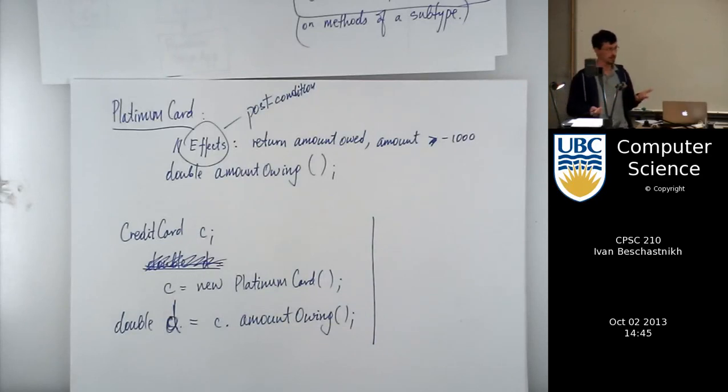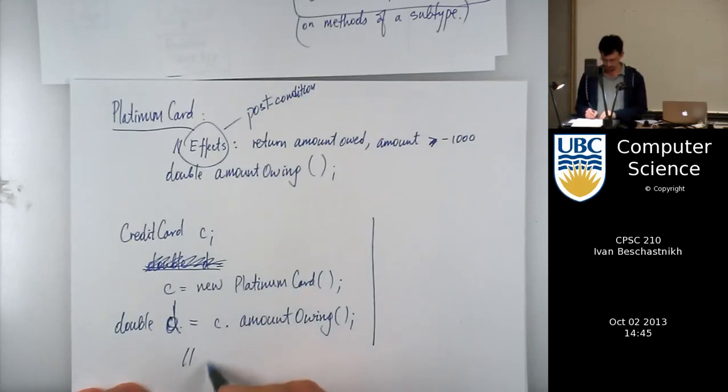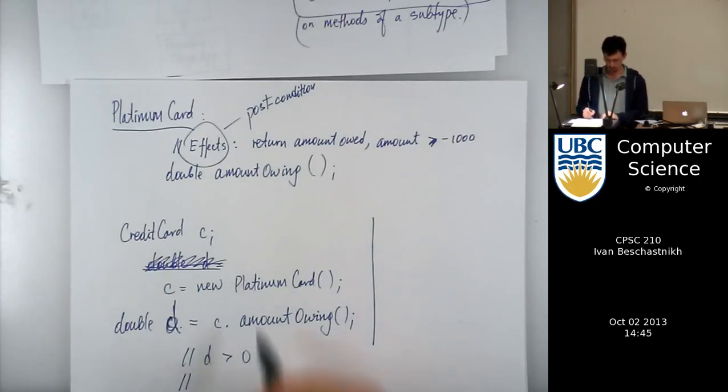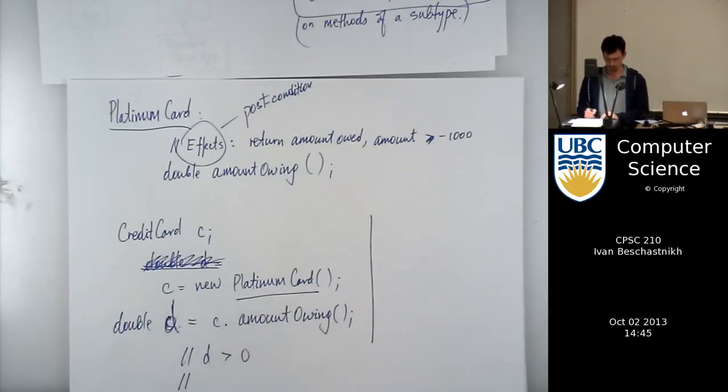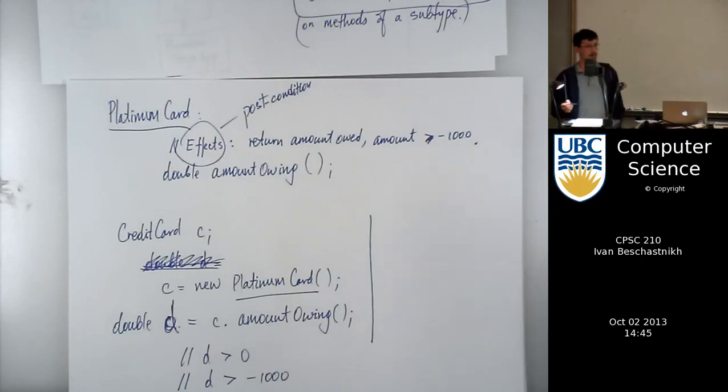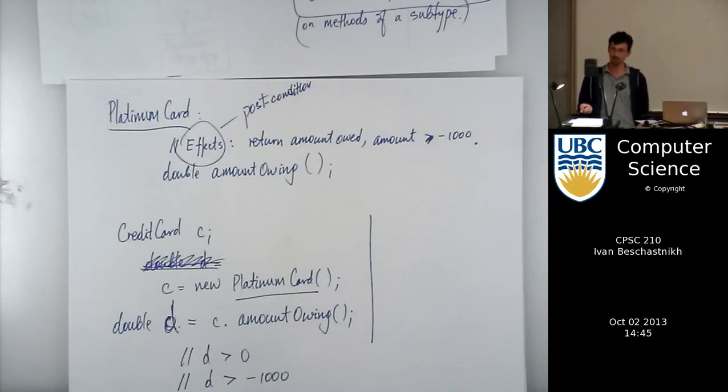My postcondition for credit card says that D must be greater than 0. Right, that's what this says. Well, my postcondition for the platinum card says that D must be greater than negative 1,000. That's this thing here. So again, there's a problem, right?